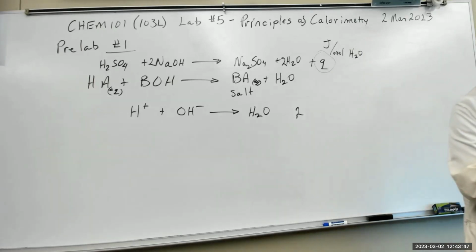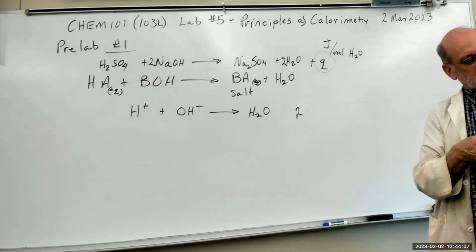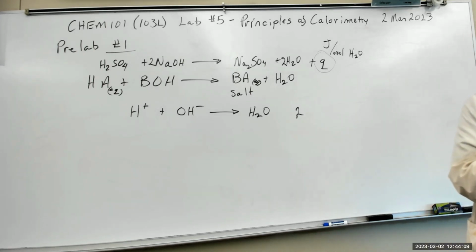And then at the back of your copy, there's a table right here. This tells you what the expected value for that is. The one we'd be looking for is the one on the bottom: H plus OH minus yields H2O. That's minus 57.9 kilojoules per mole, and that's per mole of water.